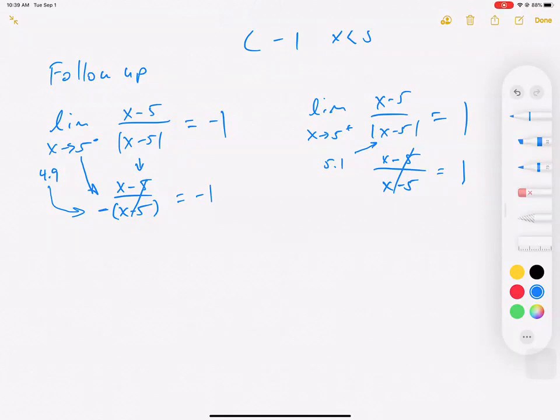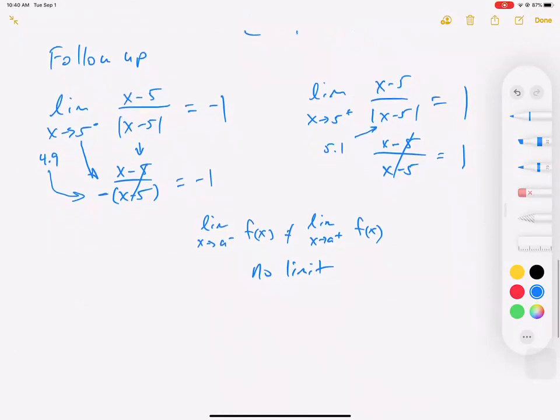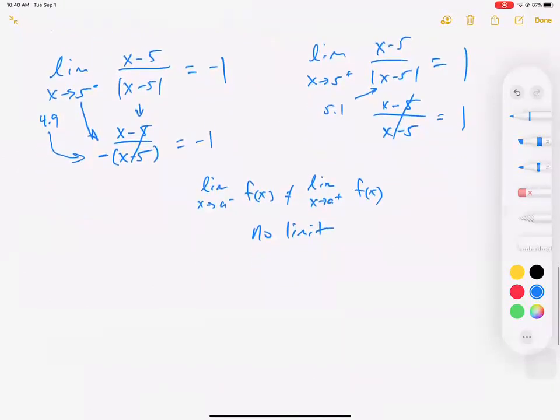If the left limit says negative 1 and the right limit says 1, since the limit as x approaches a from the left side of f of x does not equal the limit as x approaches a from the right side, this means no limit because they do not agree. Okay, let's do another question that's similar to this, but let's kick it up a notch.